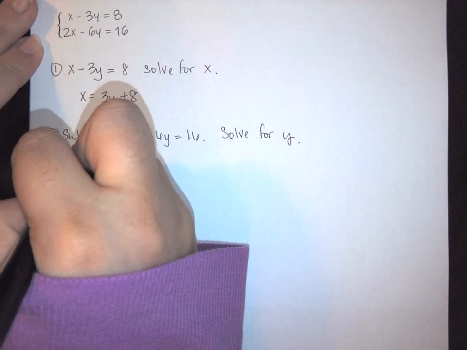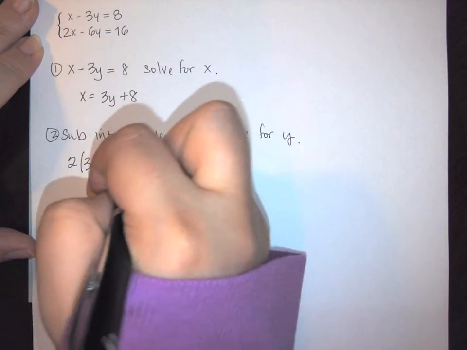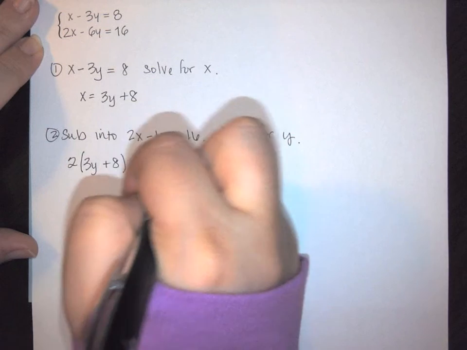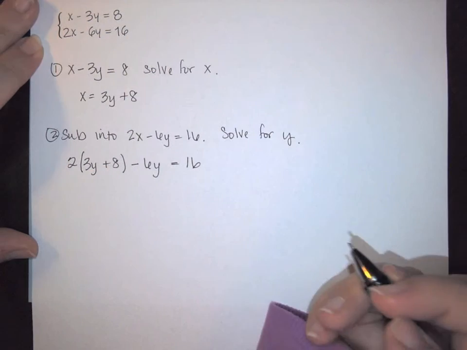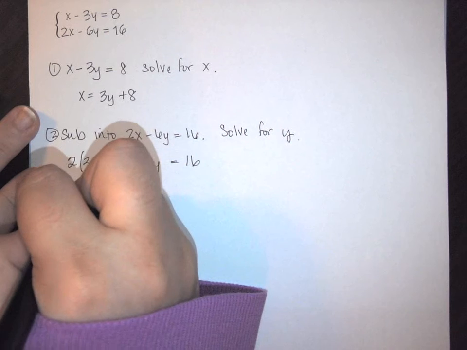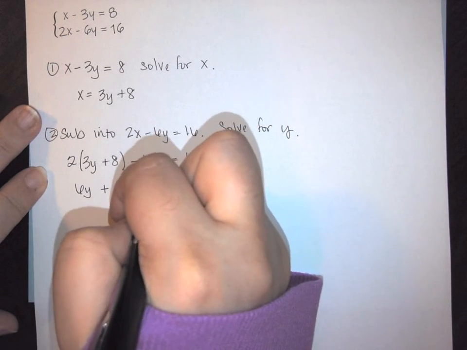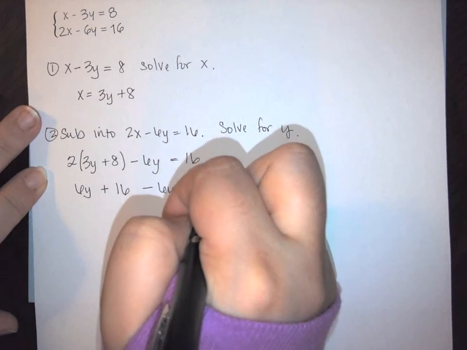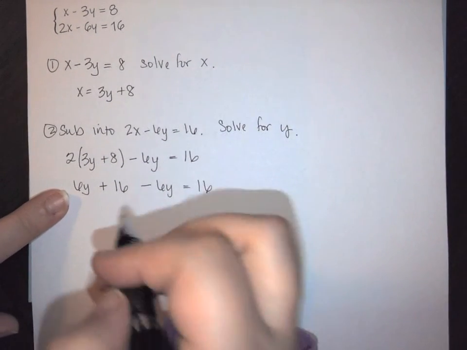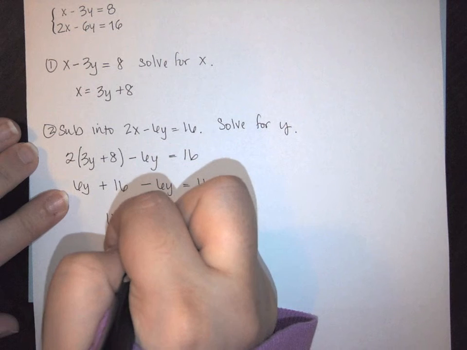So this is going to be 2 times 3y plus 8 minus a 6y should equal 16. We're going to distribute that 2 through, so we get 6y plus 16 minus 6y is equal to 16. Combine your terms. 6 minus 6 is 0, so I get that 16 equals 16.